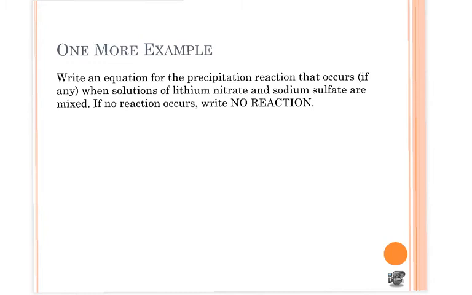Write an equation for the precipitation reaction that occurs, if any, when solutions of lithium nitrate and sodium sulfate are mixed. If no reaction occurs, write no reaction. Okay, so we have lithium with a positive 1 combined with nitrate, and that is an aqueous solution because nitrates are always soluble.